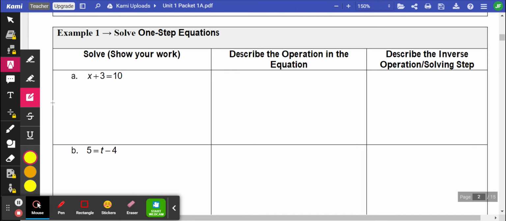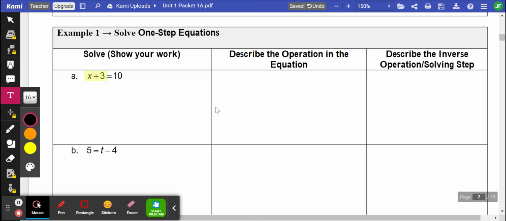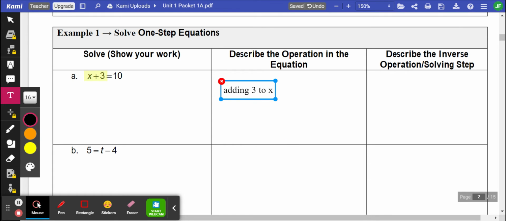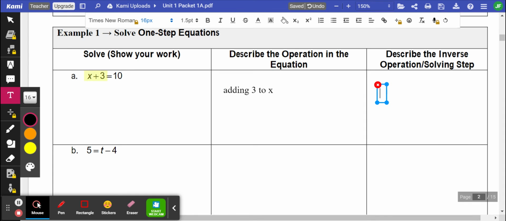And really, I'm worried about what's happening on the same side as that variable. So what I'm going to put here is that we are adding 3 to x. Now, to undo adding 3 to x, we need to subtract 3.